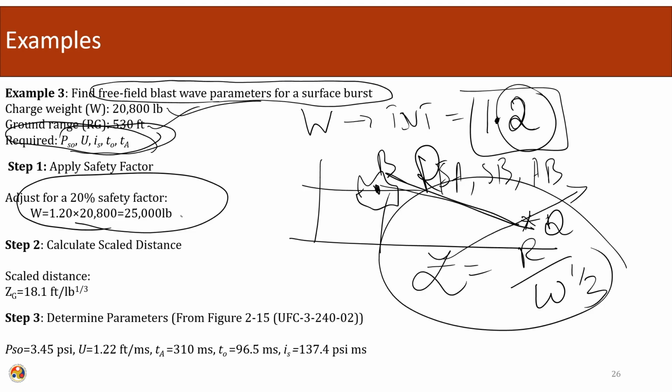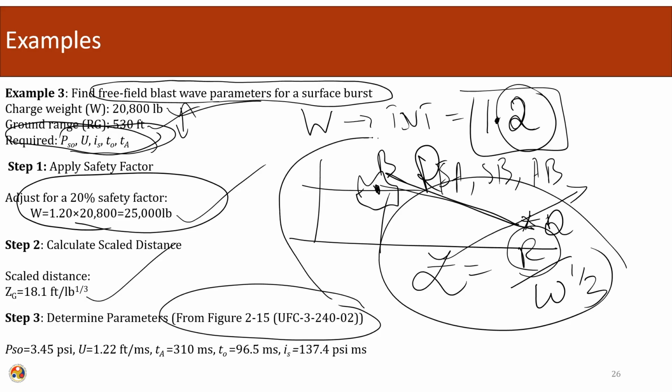So, first of all, we calculated the equivalent weight. After that, depending upon the conditions, we categorize the type of blast. Then we calculate the R factor, and then the Z factor, and after that, using the appropriate chart depending upon the type of blast loading, we calculate the different parameters.